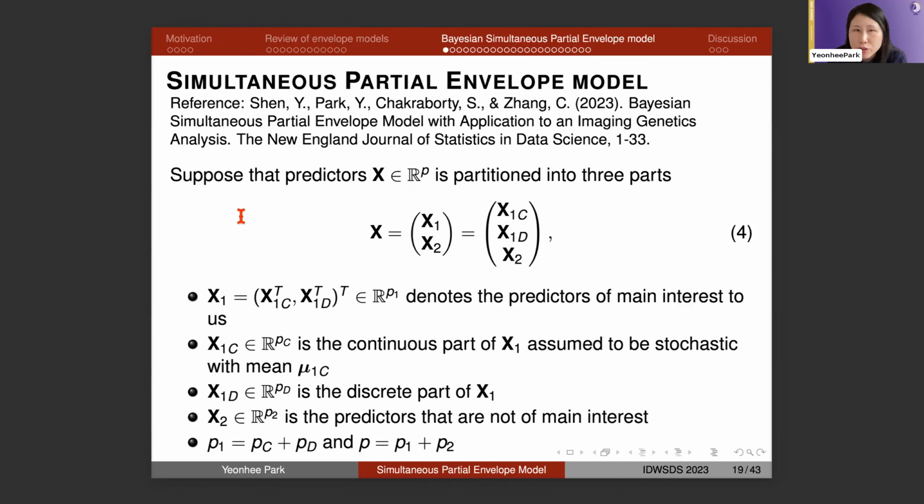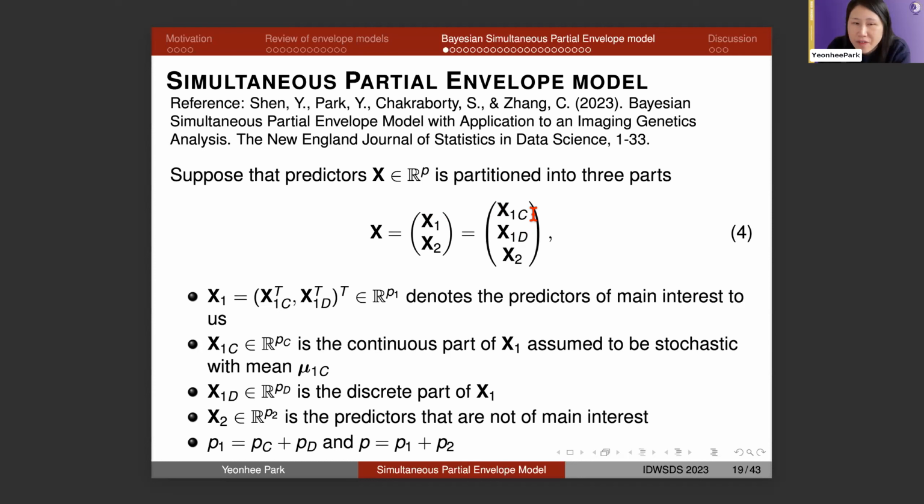So let's move to the new method called the simultaneous partial envelope model. In this work, we suppose that the predictors X are partitioned into X1 and X2. X1 is the predictors we are interested in, and we further partition X1 into X1C and X1D.